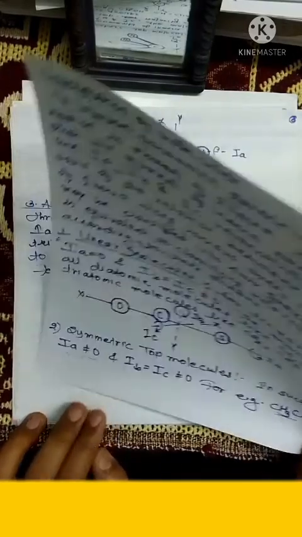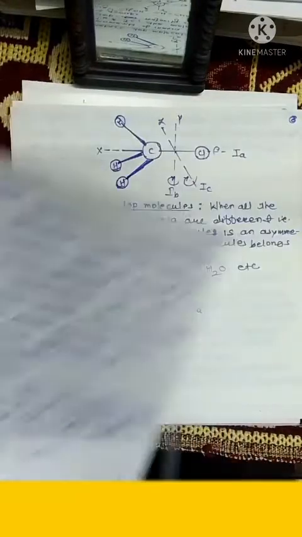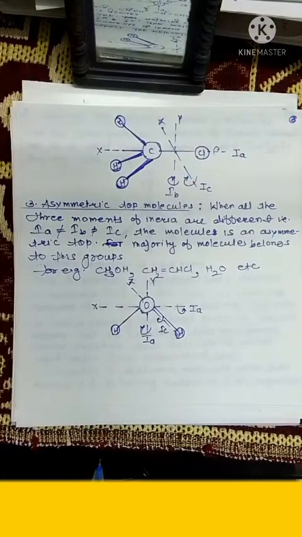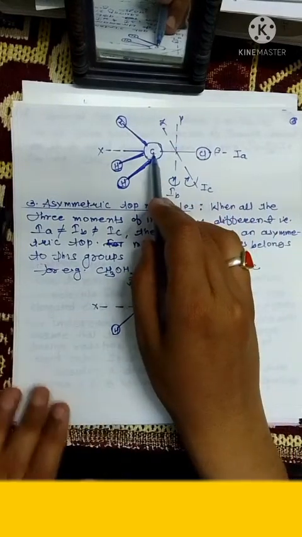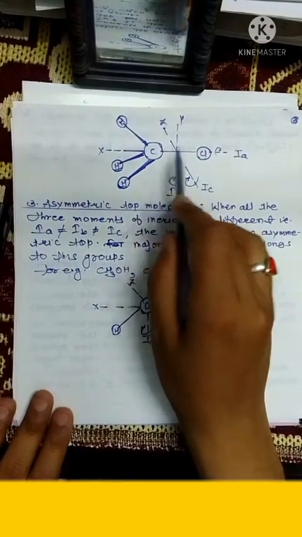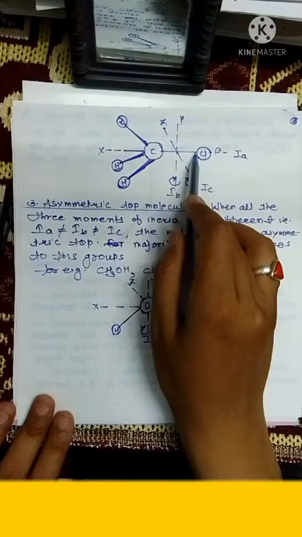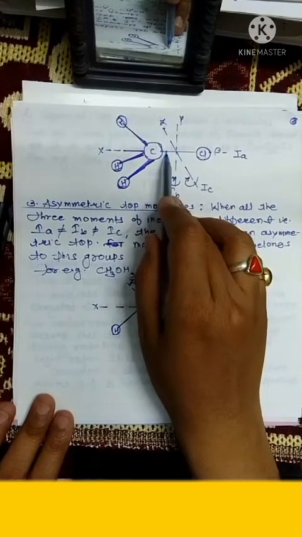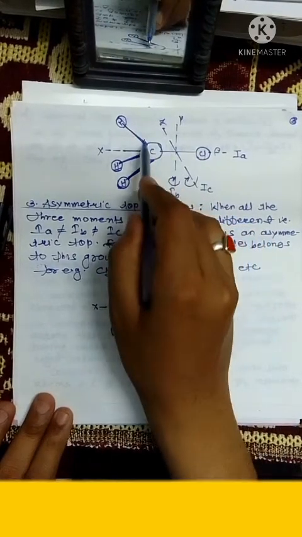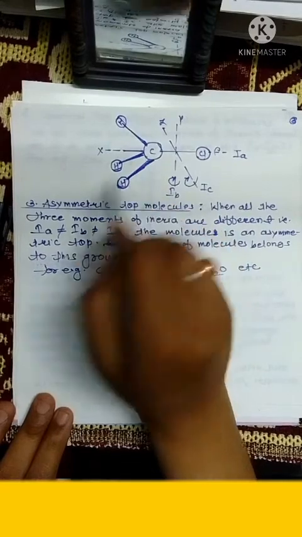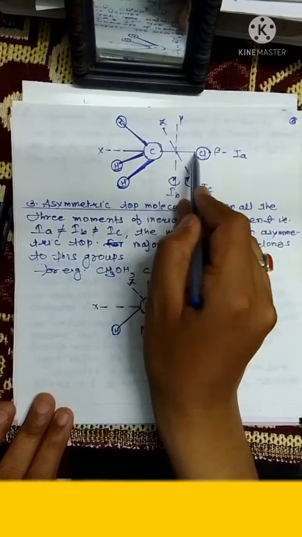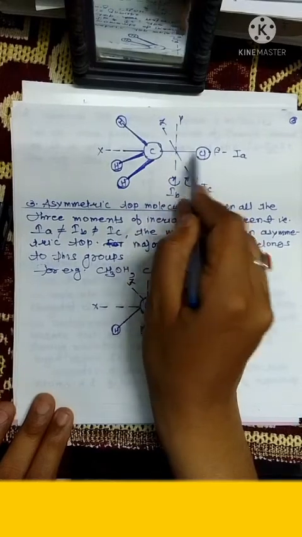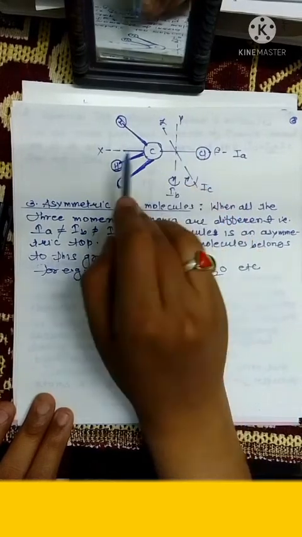Just see what is going to happen in this case. This is the structure of CH3Cl. This structure is somewhat similar to that of an inverted umbrella. So this is the stand, or handle, of the umbrella.